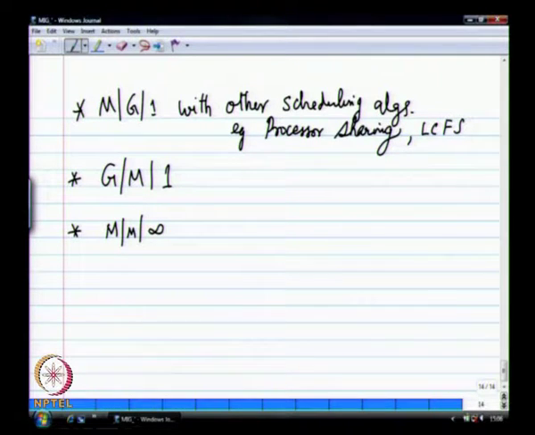M/M/infinity means that whenever a customer arrives, there is always a server waiting for them. So this is basically a fixed delay center, because a customer comes in, what is the waiting time? Always 0, you always will get a server. What is your response time? 1 by mu.